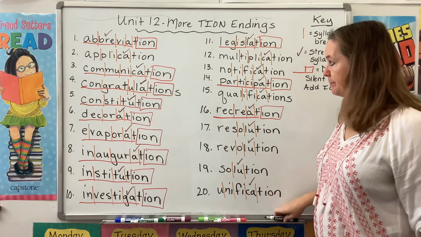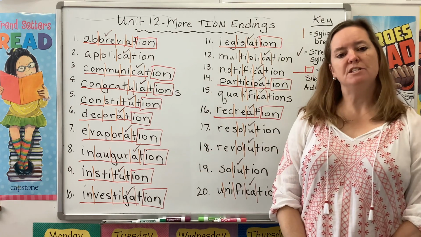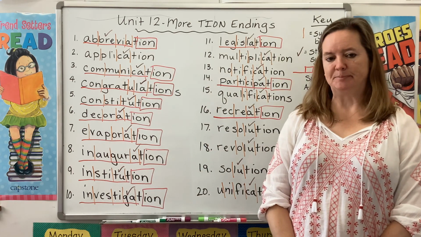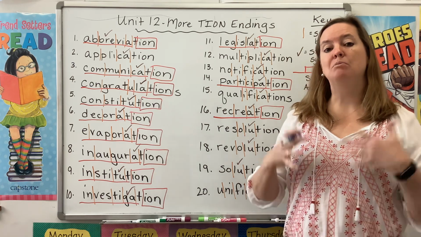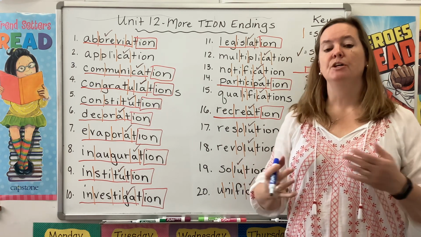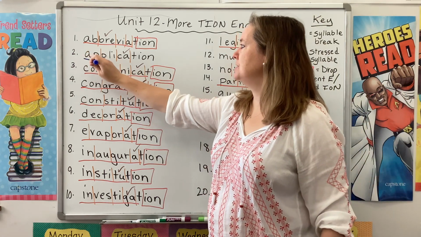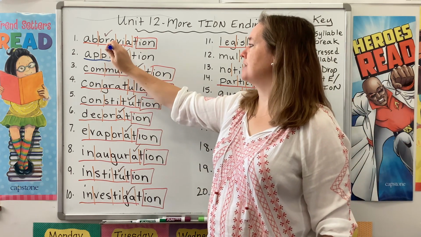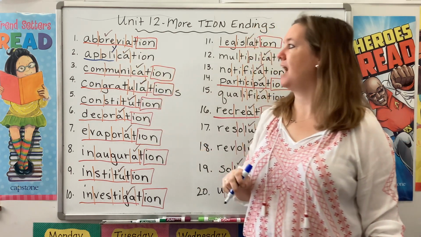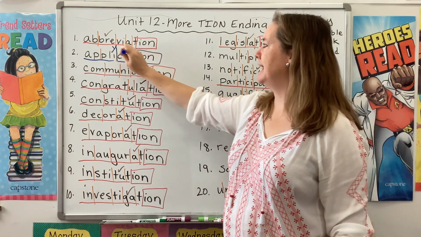But I want you to look at the word application. What is the verb hiding in there? Did you see it? Apply, right? If you apply for a job, you are handing in your application. So look what we do. We start with apply. We change that Y to I, and then we add cation.